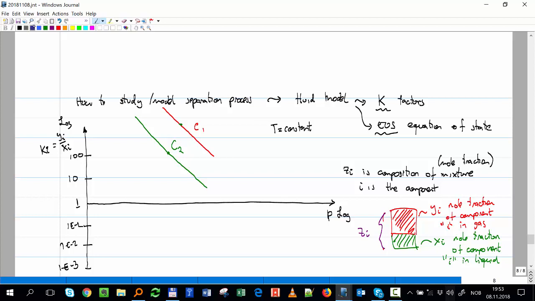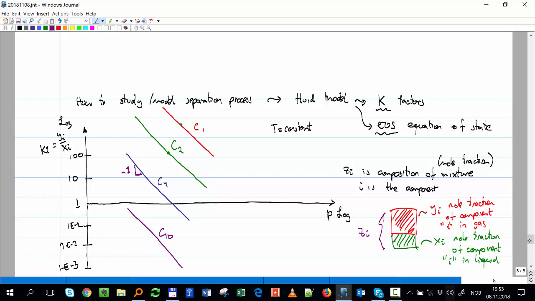Here you have, for example, C4, which goes a bit more like that, and if you have C10, it goes even lower. The slope here is -1. Always for all of them it was -1.